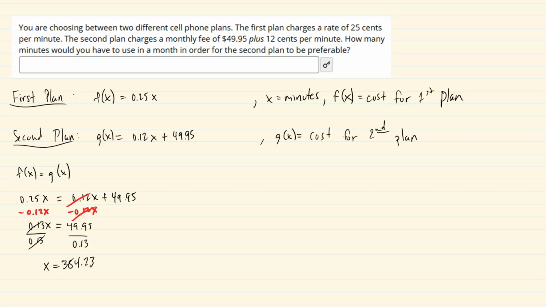So we would need to use 384.23 minutes. Remember, we're solving for x, which is the number of minutes. How many minutes would you have to use in a month in order for the second plan to be preferable? So anywhere from 384.23 minutes and up, we would be saving money if we use the second plan.